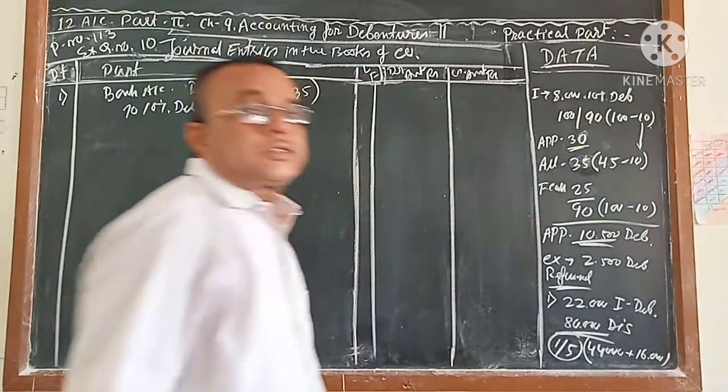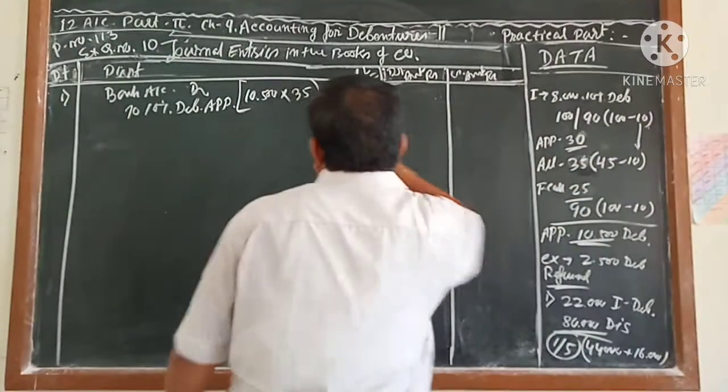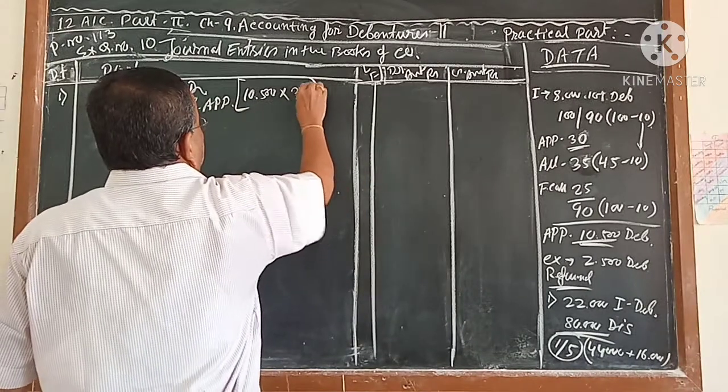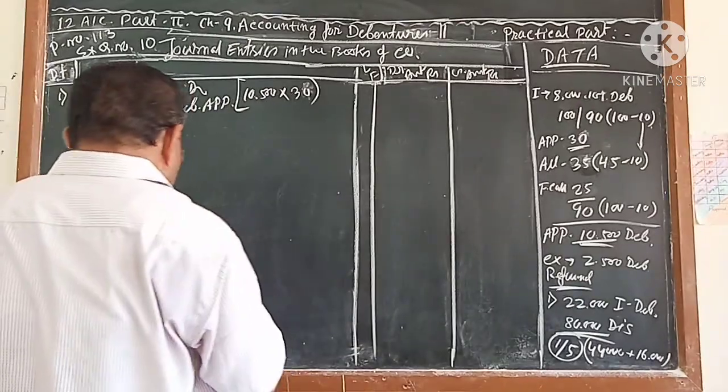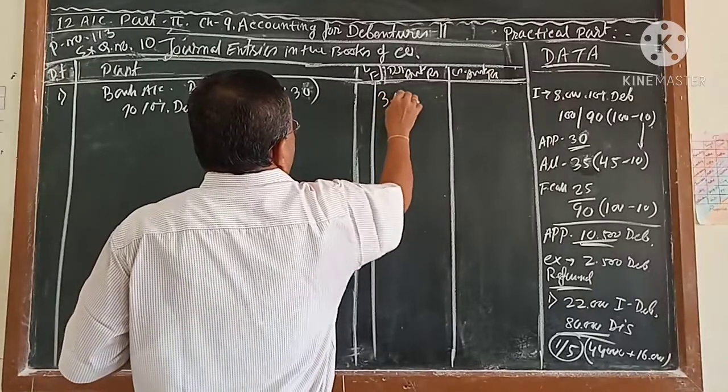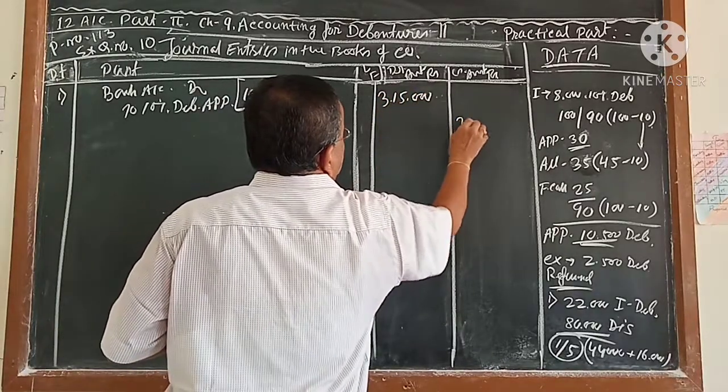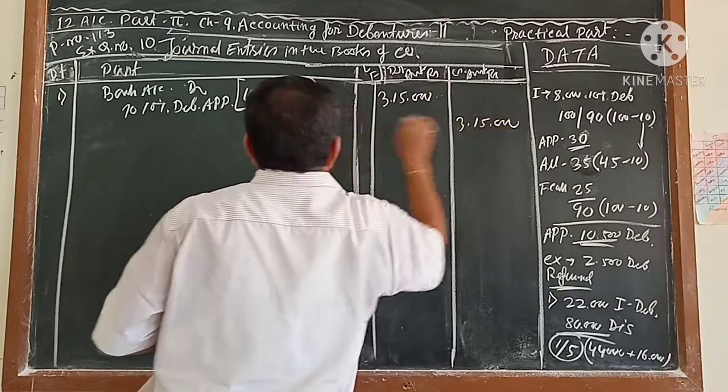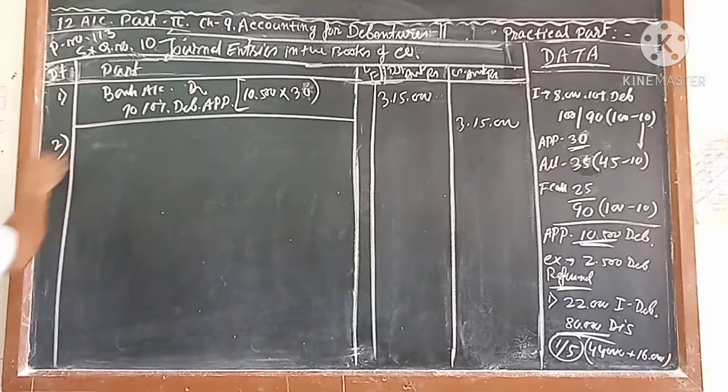I wrote previously it is 35, but it is 30. Application is 30. So you are going to get here 30 rupees, and amount is coming 3,15,000. This is your first journal.